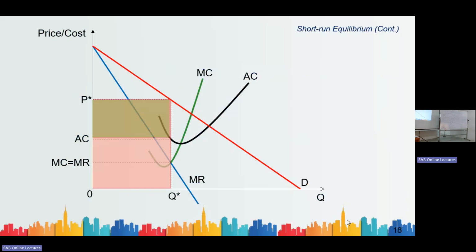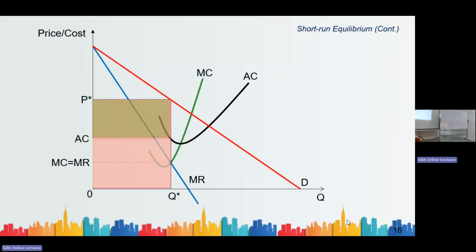Substitute 125 for Q: 100 minus 0.2 into 125, the answer is 100 minus 25, final answer 75. Equilibrium output level is 125. Equilibrium price is 75.